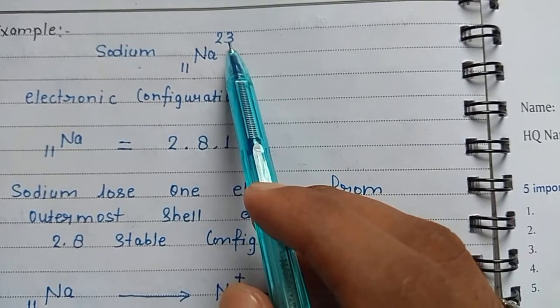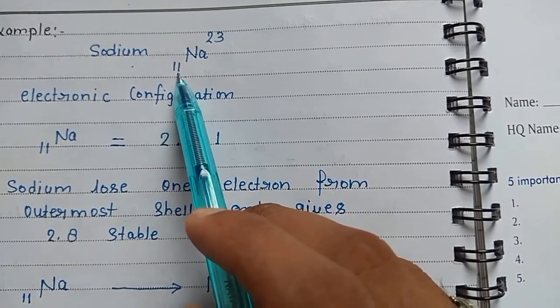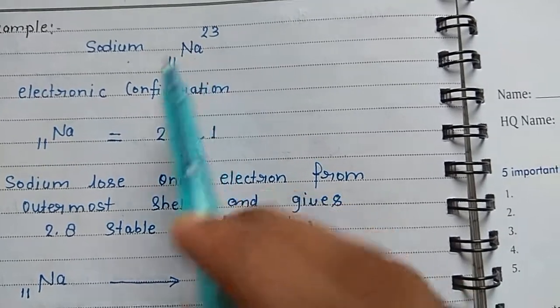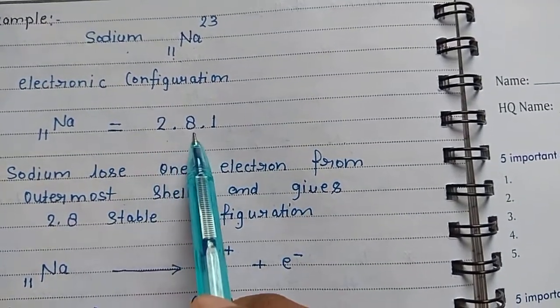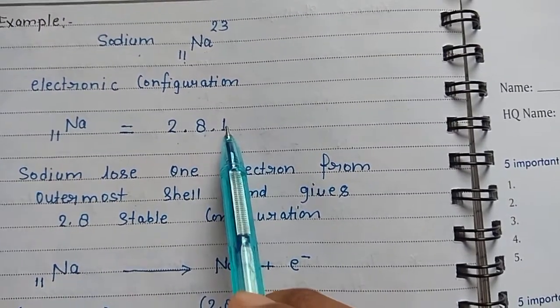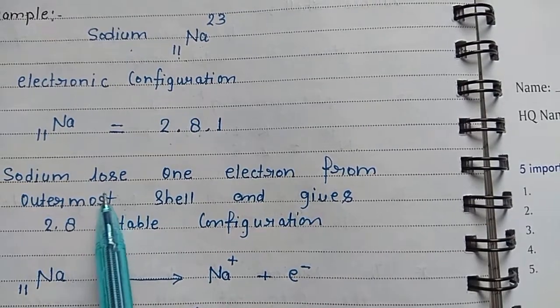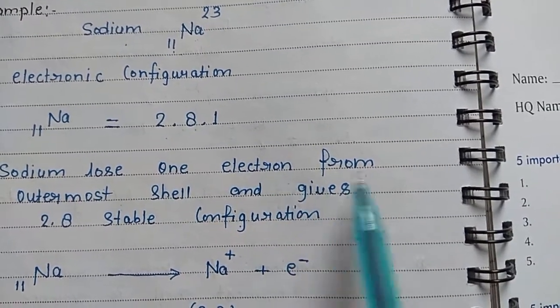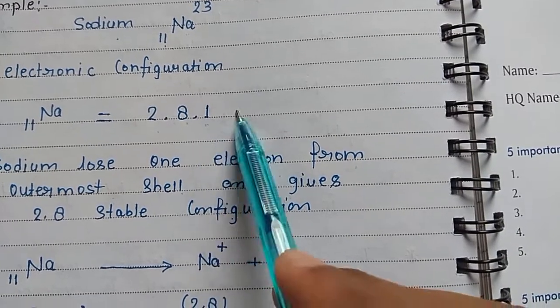11Na23. 23 is the atomic mass of sodium and 11 is the number of electrons present in a sodium atom. Electronic configuration of sodium is 2, 8, 1. The outermost cell of sodium atom has 1 electron, so sodium loses 1 electron from the outermost cell.